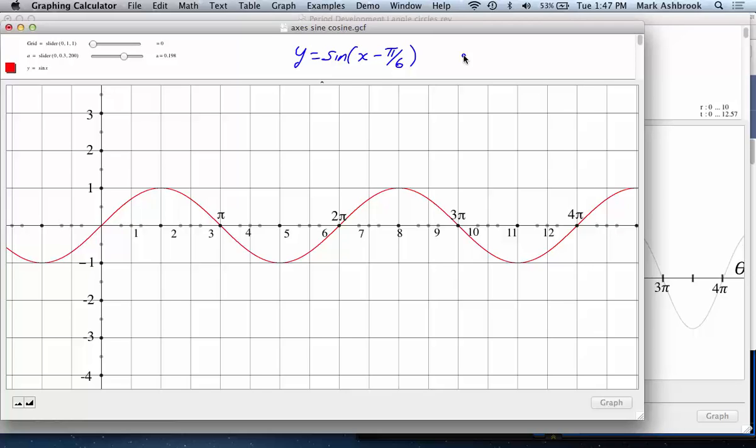Jonathan, tell me about sine of x minus pi over 6. We want to understand the graph, reason about what the graph will be relative to the graph of sine of x. Exactly.